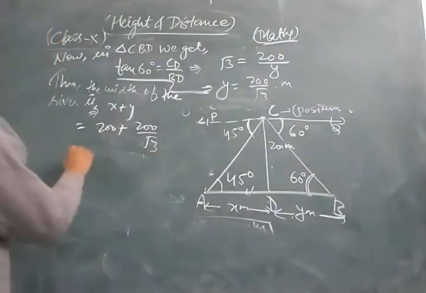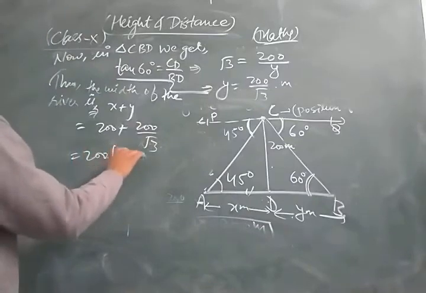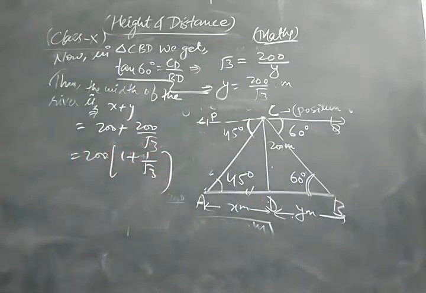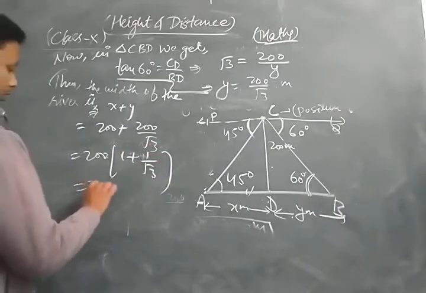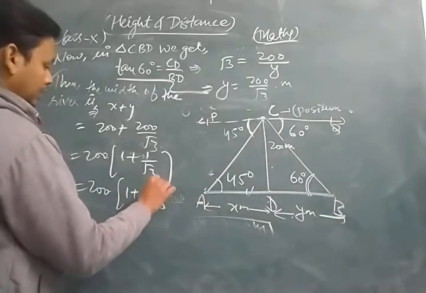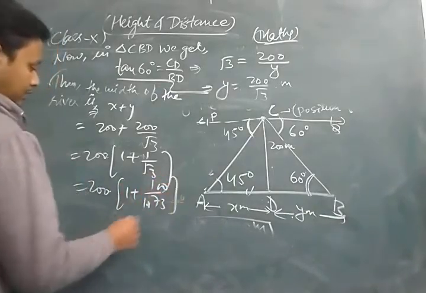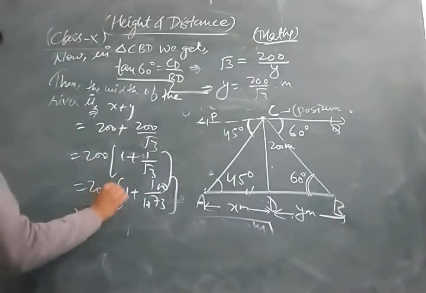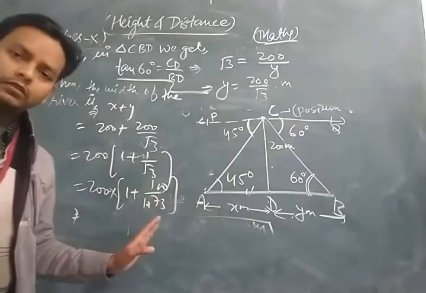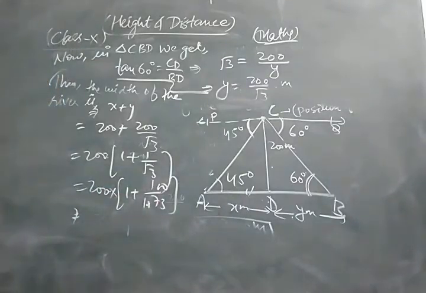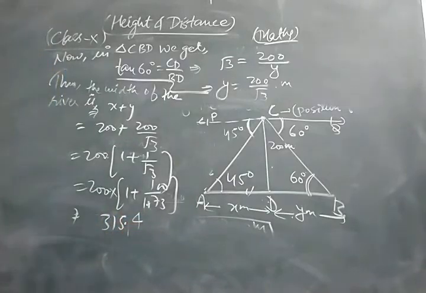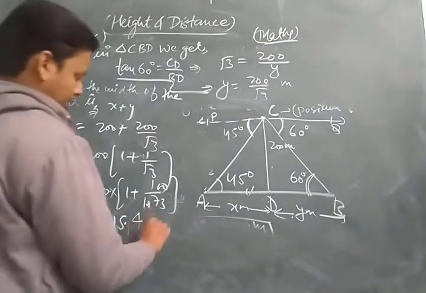Now we take 200 as common, so that is 1 plus 1 upon root 3, and you know the value of root 3 is 1.73. After simplifying, we divide 100 by 173, which is 0.57, and after multiplying we get 315.4 meters.